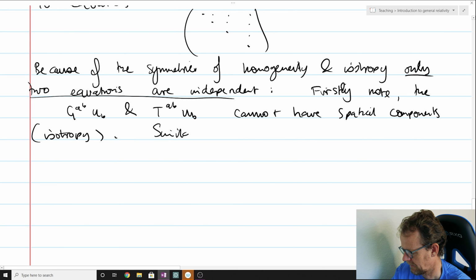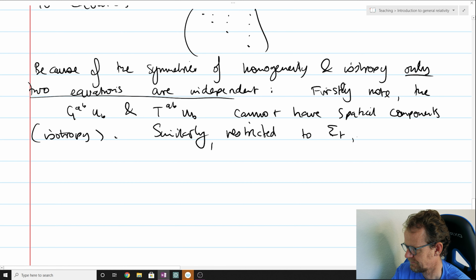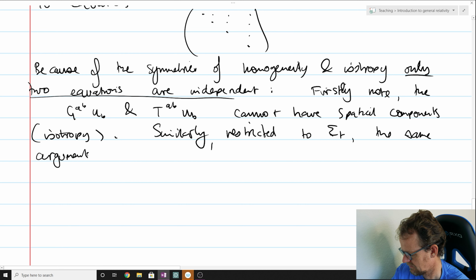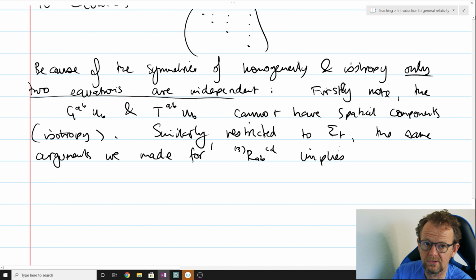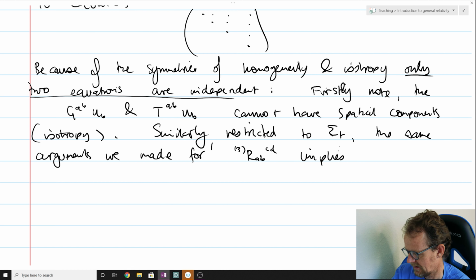And similarly, if you restrict your attention to sigma t, one of these slices, then you can make a very similar argument that we made for the Riemann curvature tensor of HAB, you know, that was the argument involving diagonalizing matrices and symmetries and degenerate eigenvalues.